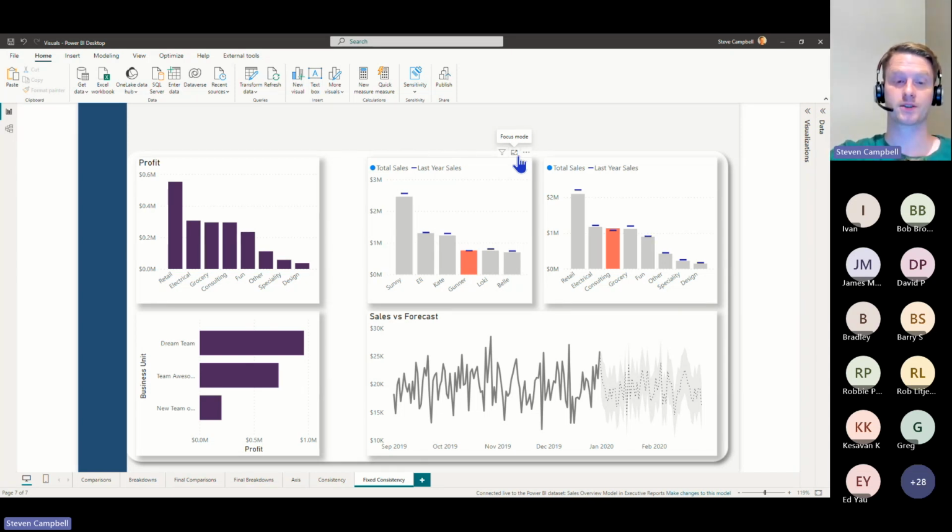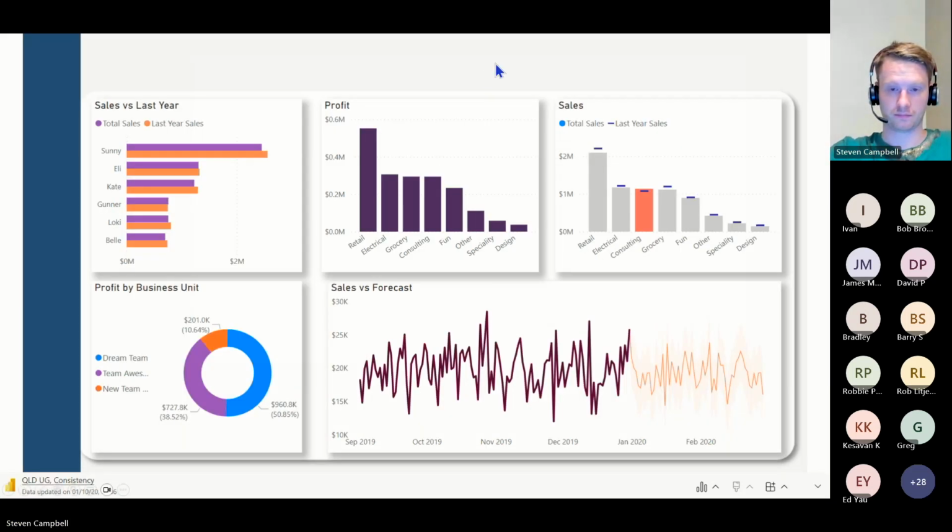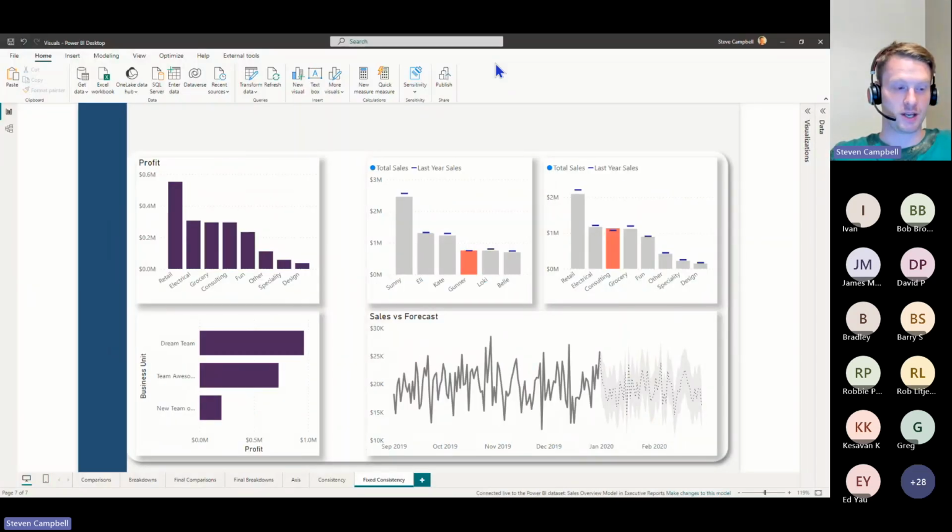Keeping things consistent means a lot about the colors, where you place things, and using the same sort of graphs. Again, you can see from where I started, where the same information was very difficult to understand, to this consistency here, where I can quickly see what my profit and my sales are measuring, and what each one means.